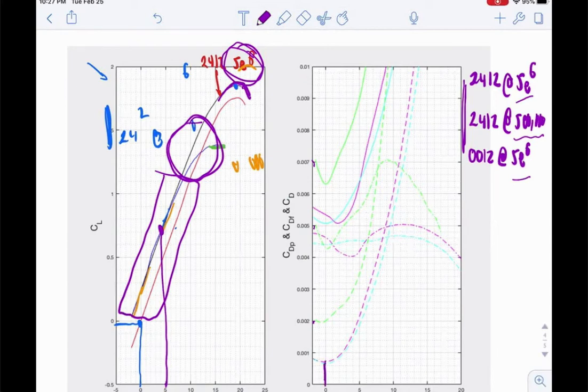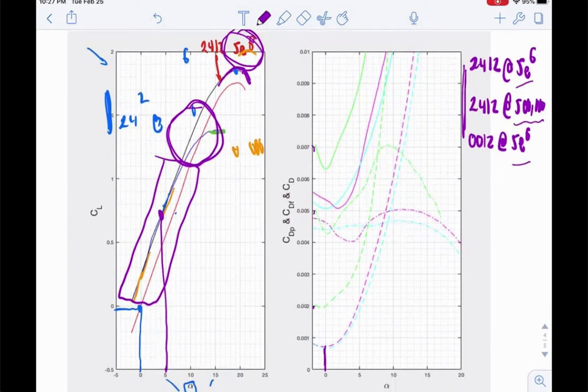I know that the symmetrical foil must produce a symmetrical pattern around the zero, such that if you go to positive angle of attack or negative angle of attack, the drag distribution should be exactly symmetrical.